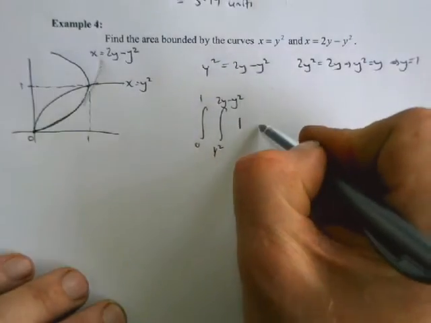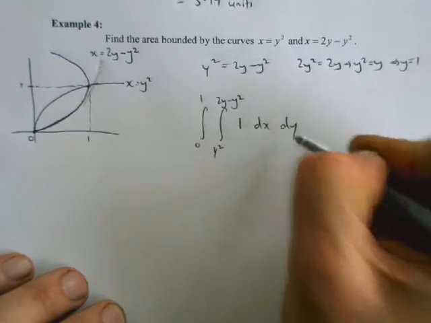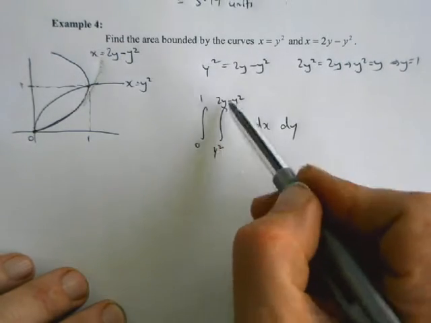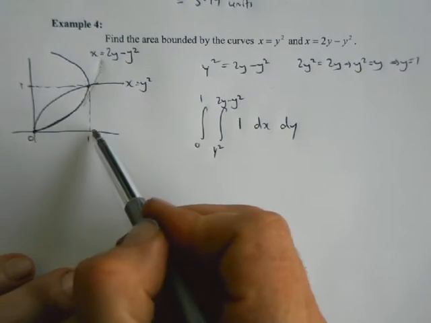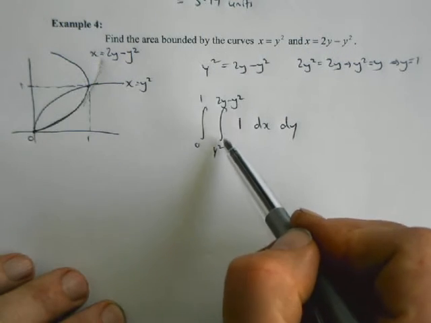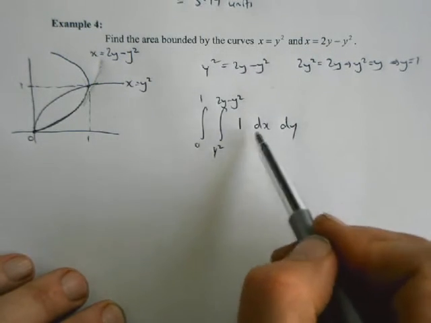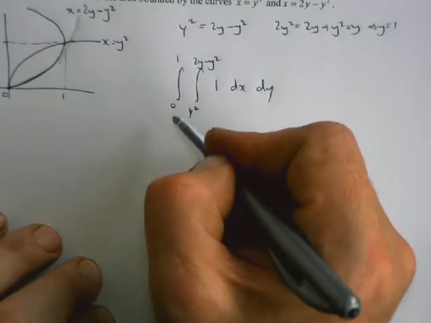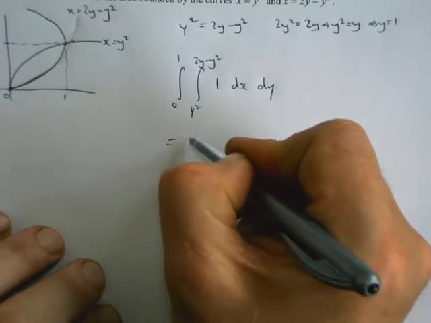The surface that we're overlaying has just got a height of 1, and then this is going to be dx dy. Okay, so we're doing our x's first, and we know that x equals, so these are x limits between y squared and 2y minus y squared. And once we've got that sorted out, then we're going to do the y limits between 0 and 1.